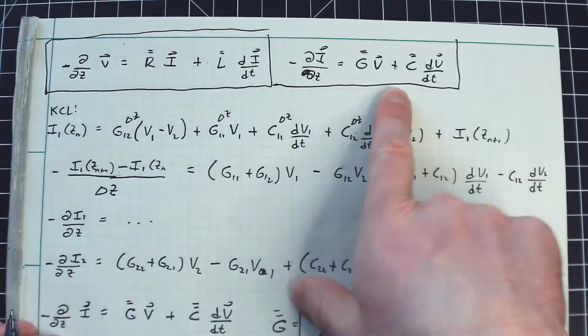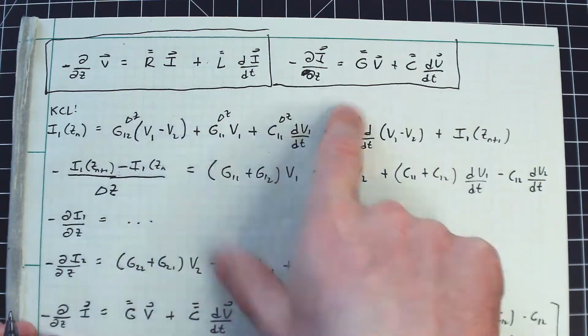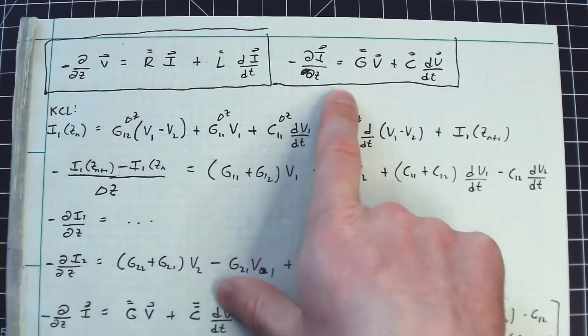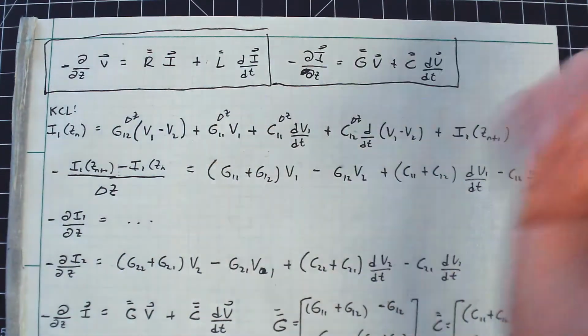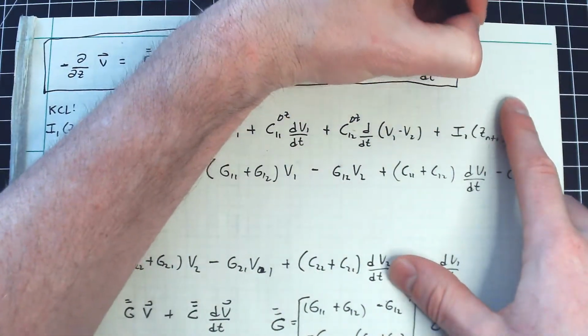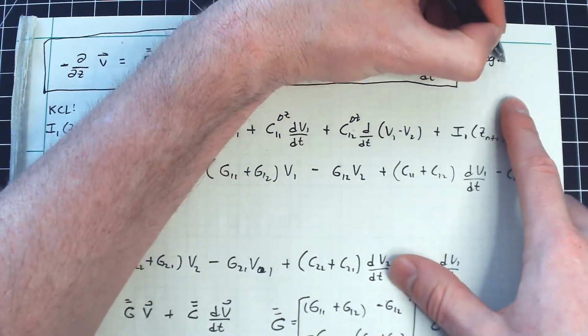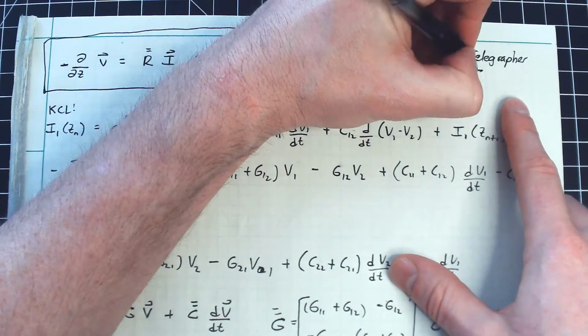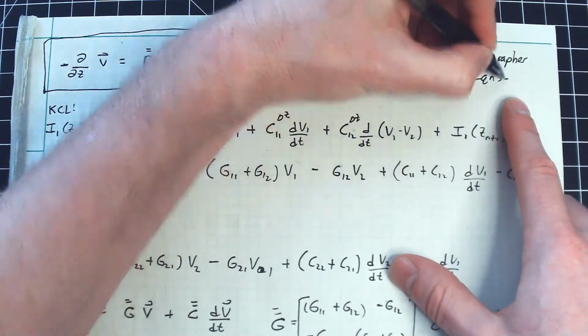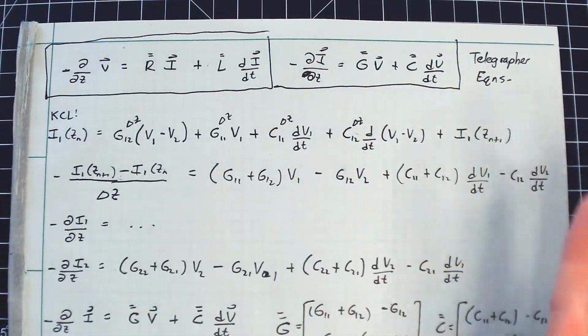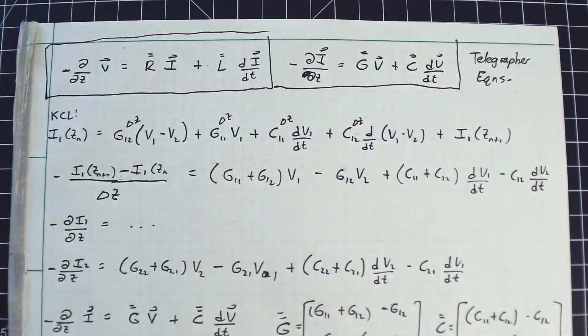And they all end up with this general form here. So you can think of this as the general multi-conductor telegrapher equations, right? So I'll write that: telegrapher equations for multi-conductors. Or you can call it just the multi-conductor transmission line equations.